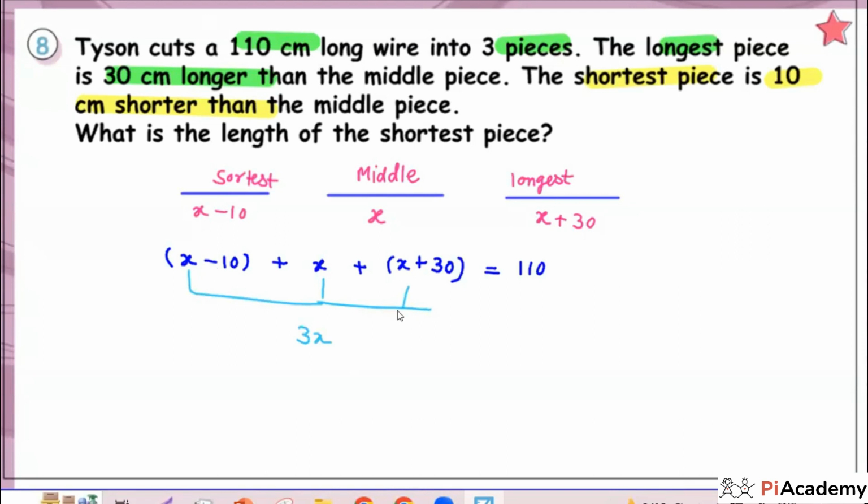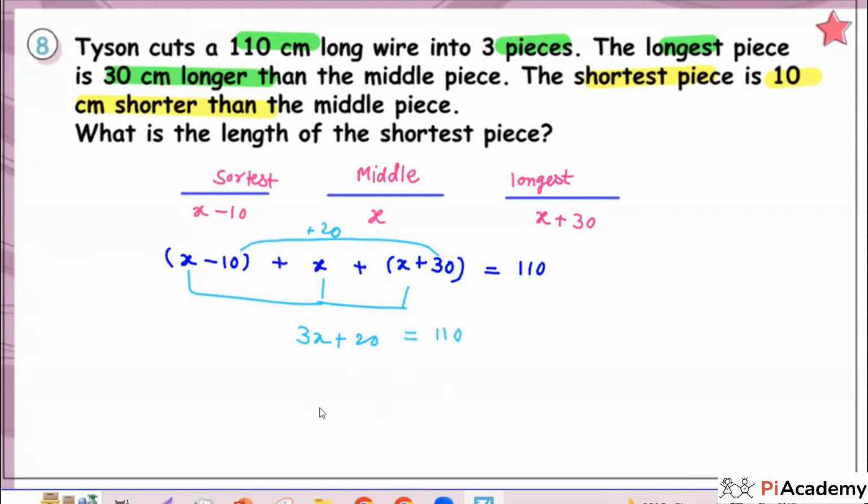If you combine these two, it's clearly plus 20. My mistake, plus 20. Then that equals 110, clear?